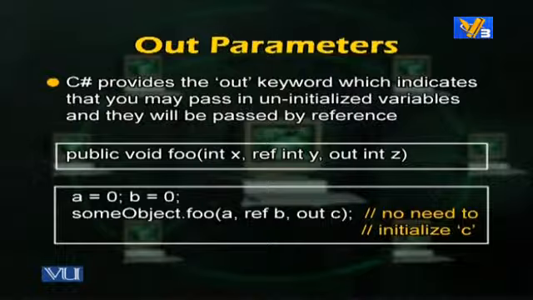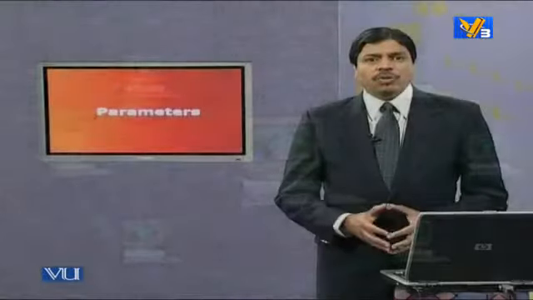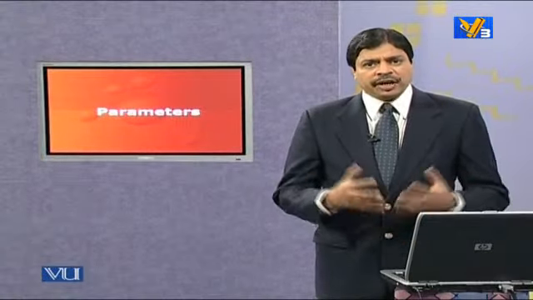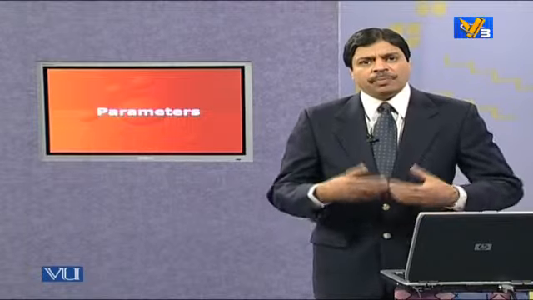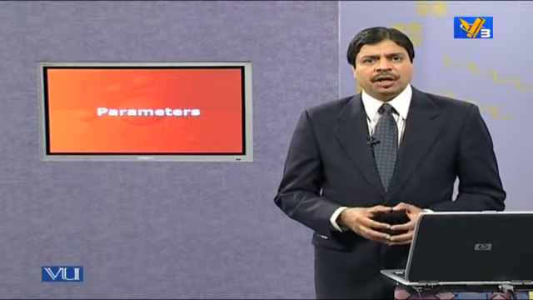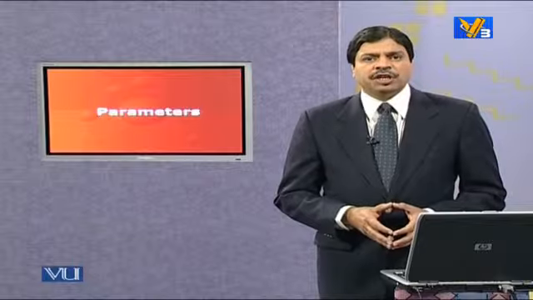So this is how we have out parameter also. So the out parameter جو ہم نے دیکھا یہ ریفرنس ٹائپ کا پیرامیٹر ہے کیونکہ آپ نے اس ویریبل کی ویلیو چینج کرنی ہے لیکن یہاں پر آپ کو انیشلائز کرنے کی ضرورت نہیں ہے.